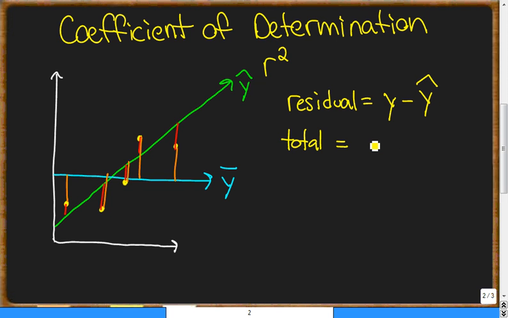That's going to be y minus the mean of y. Okay, and this is how we judge this.